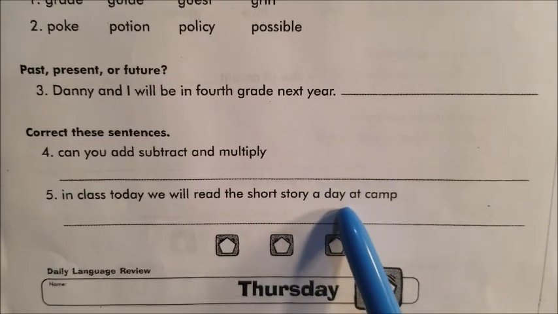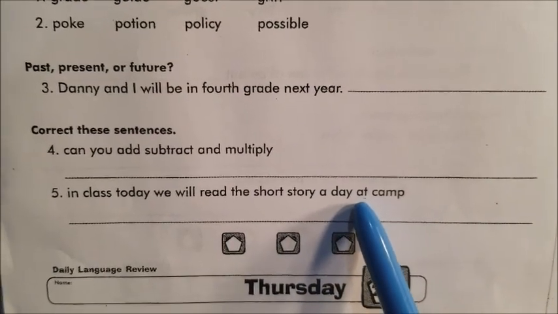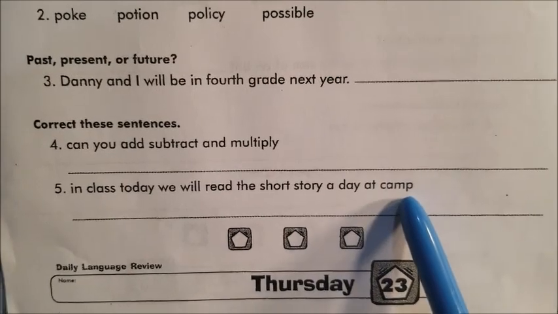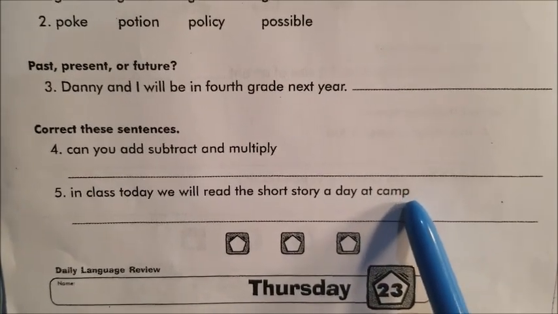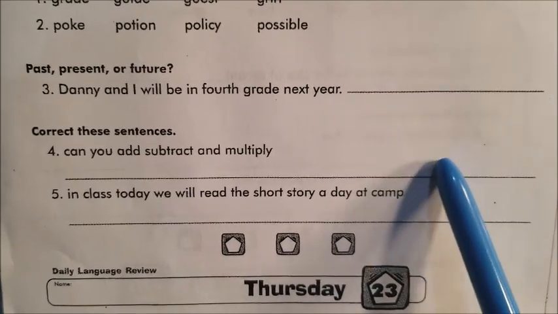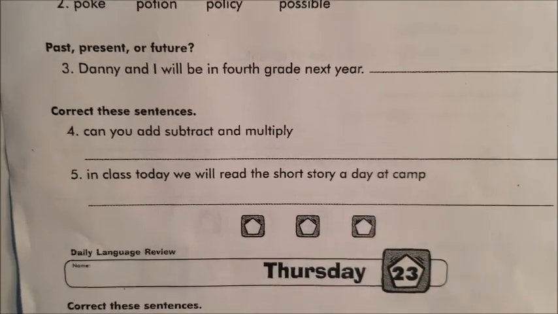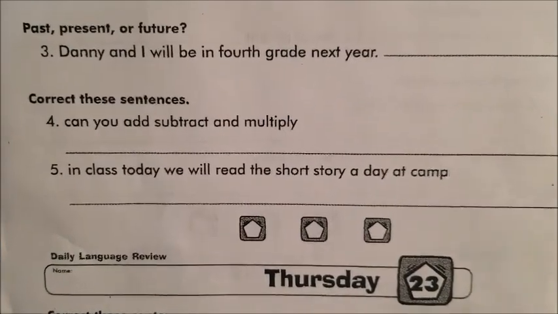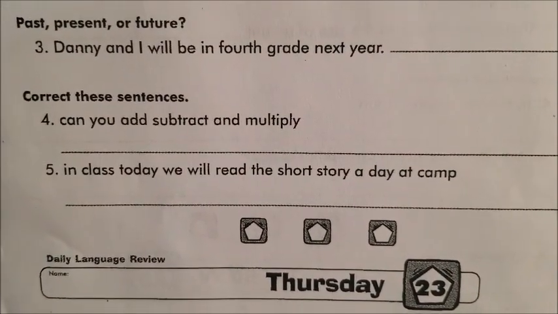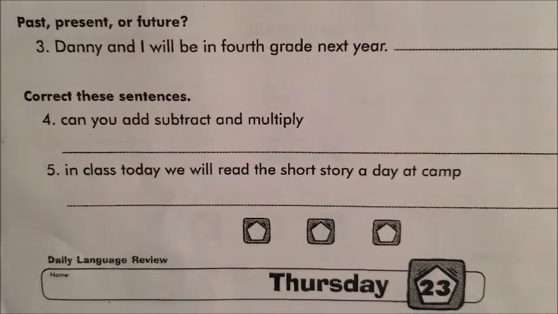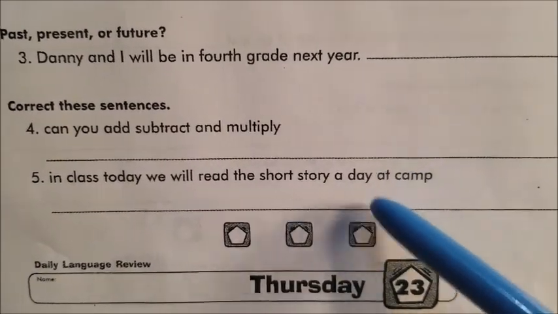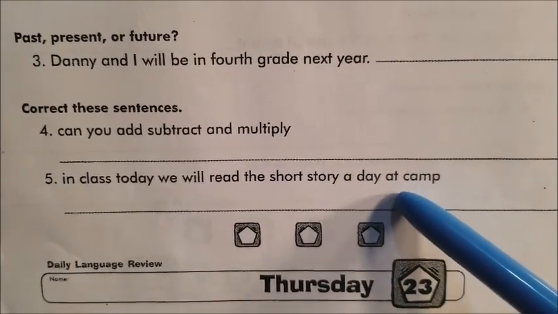You have to capitalize the title, not at, because that's one of those small words. And then you're going to put a period here at the end, and make sure the quotation mark comes after the period. All punctuation is inside quotation marks, boys and girls. Okay, good review. I don't know if you know that last thing about short stories. That might be something new for you guys.